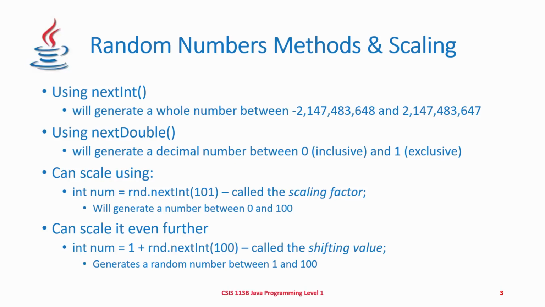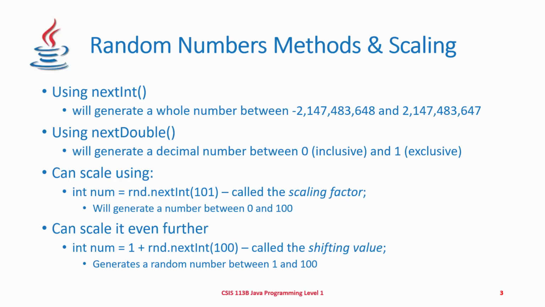As I said, we can scale the number, because obviously you wouldn't want a random number that's always between negative 2 billion and positive 2 billion. Think of a dice game where you only have 6 sides, or a coin where you only have 2 sides. So we use this concept called scaling. When we generate the value that is going to be the random number that we assign to a variable, you can scale.